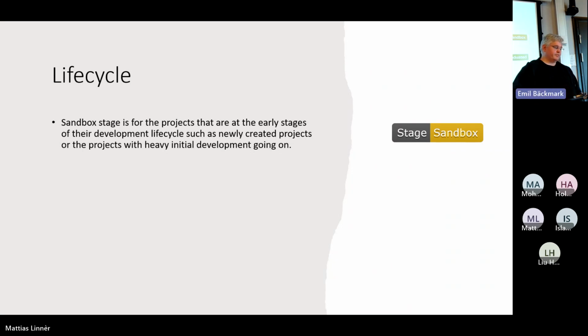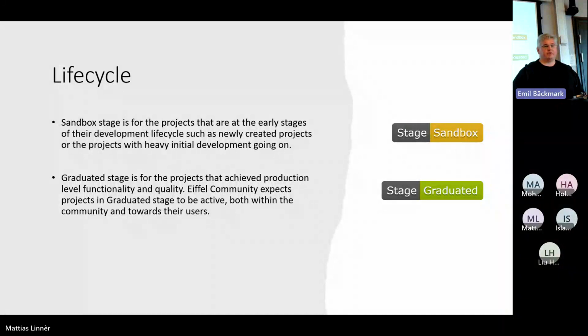Our second one is graduated, and this is for projects that have a stable usage and a stable maintainers base. Here we require that we have maintainers from 2 different organizations, but you only have 1 year in the sandbox. So for example, the Eiffel protocol, which is the only one that is graduated, we have maintainers from both Axis and from Ericsson.